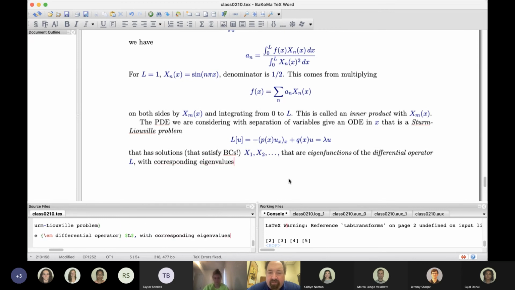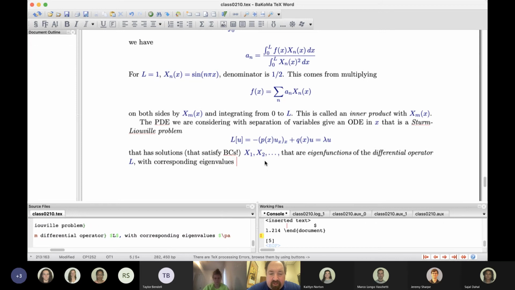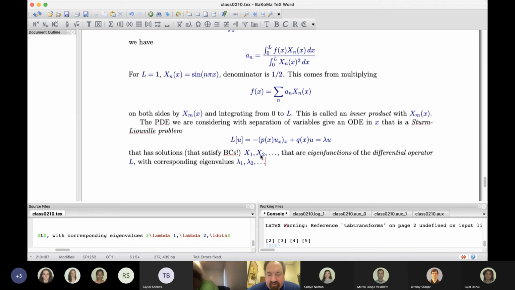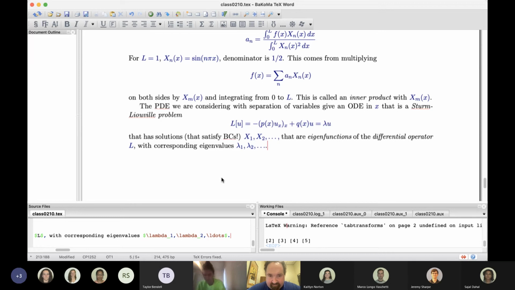So we have all these infinitely many solutions, x1, x2, and so forth. Each one of these is a solution with values of lambda that work, and by working, I mean in terms of the boundary conditions. Remember, boundary conditions determine everything here.